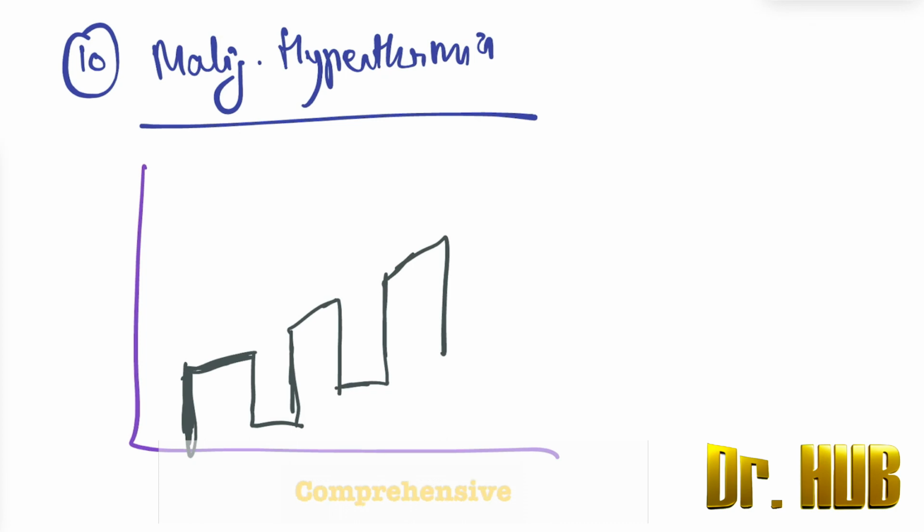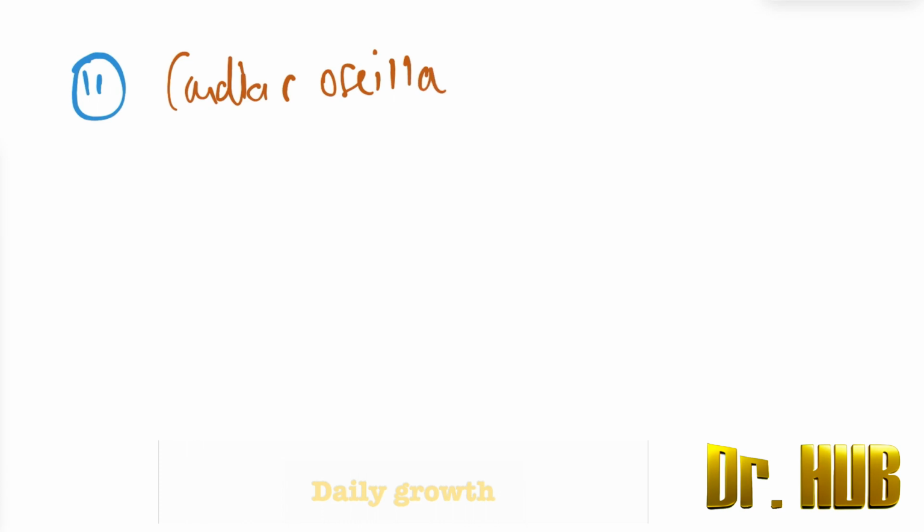Then we'll move on to the number 11. So how does the number 11 look? Under number 11 we are going to look at the cardiac oscillations. So what does this include?